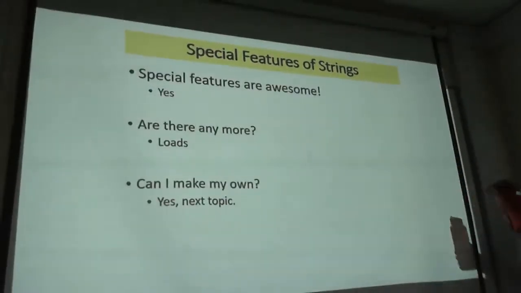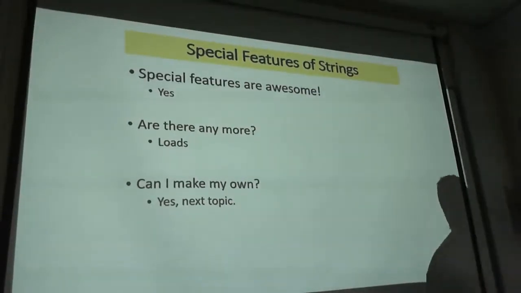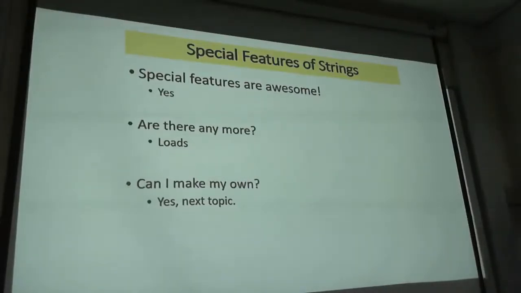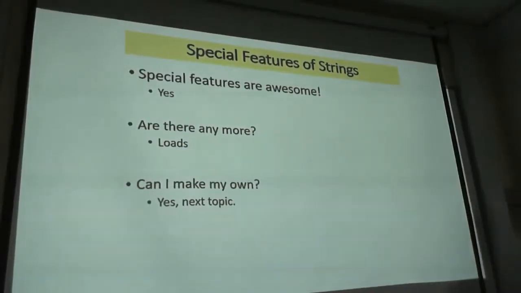Okay, so special features are awesome. There are loads more. I've just shown you APIs today, to see where you can find them. And the next thing we're going to look at is how we would create our own. Think about all the little programs you've done between the start of the year and now. Think about that legitimate date problem, which apparently was a nightmare, and how many hours or minutes or days you put into that.